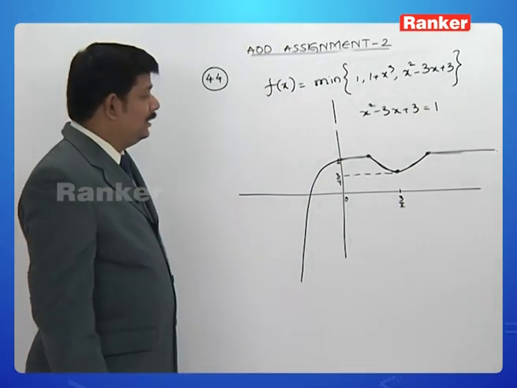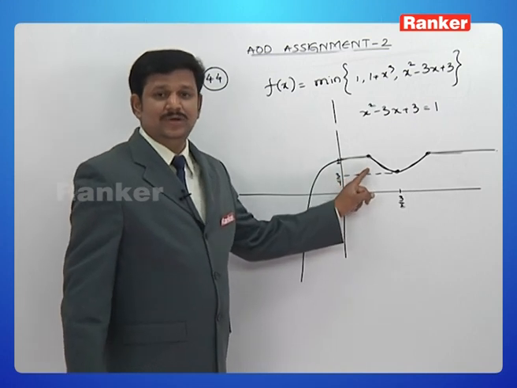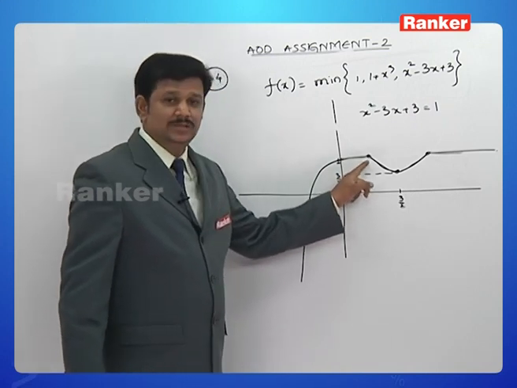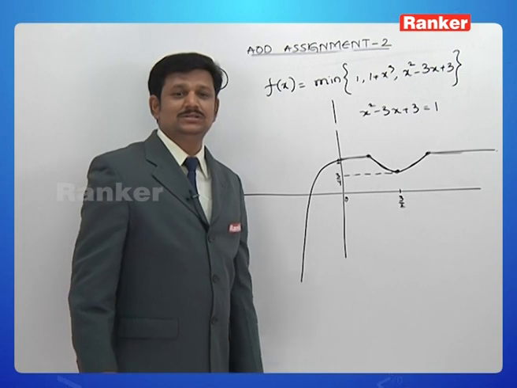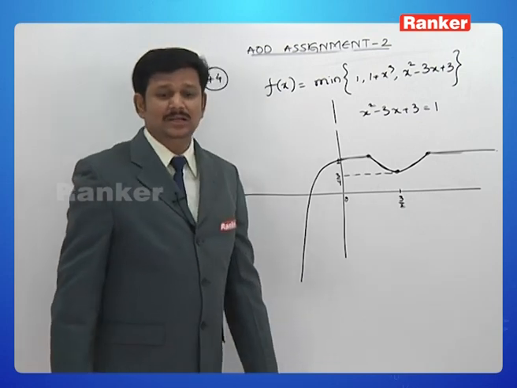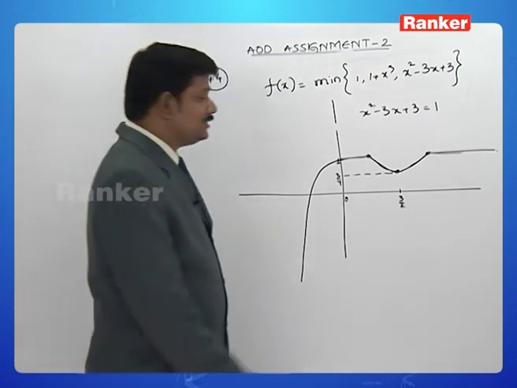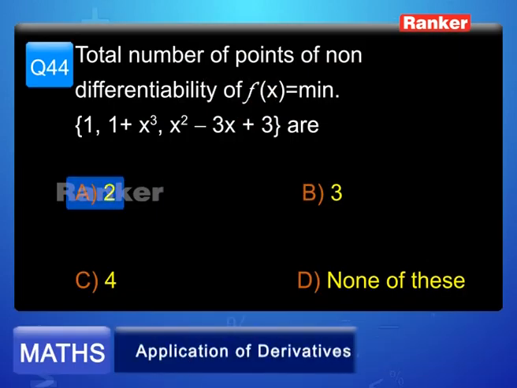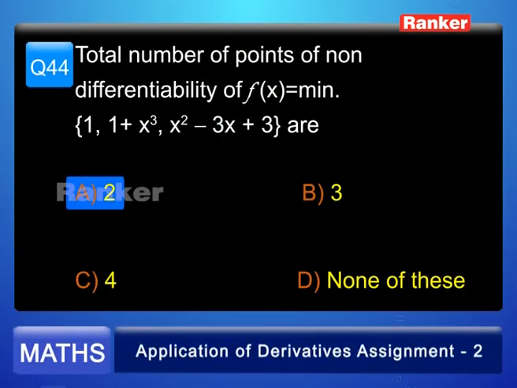The question is to find the total number of points, not the points themselves, at which the function is non-differentiable, and that number is 2. So at 2 points the function is not differentiable, and they are the solutions of this equation. So it is option A.